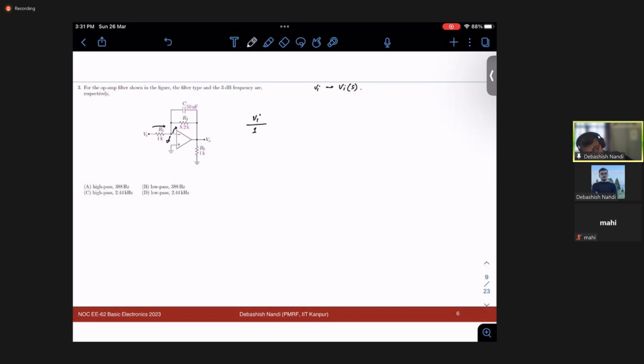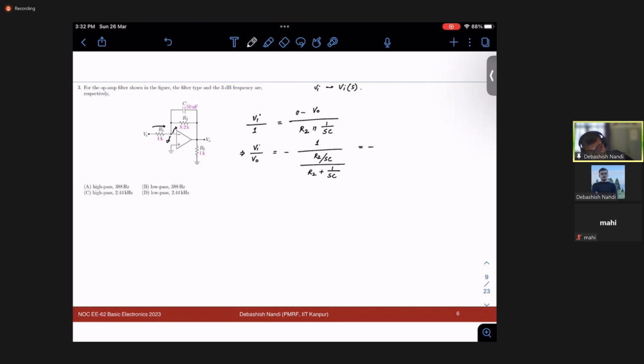So this will be 0 minus Vout over R2 parallel 1 over SC. So your Vi over Vo is equal to minus 1 over R2 by SC divided by R2 plus 1 over SC.